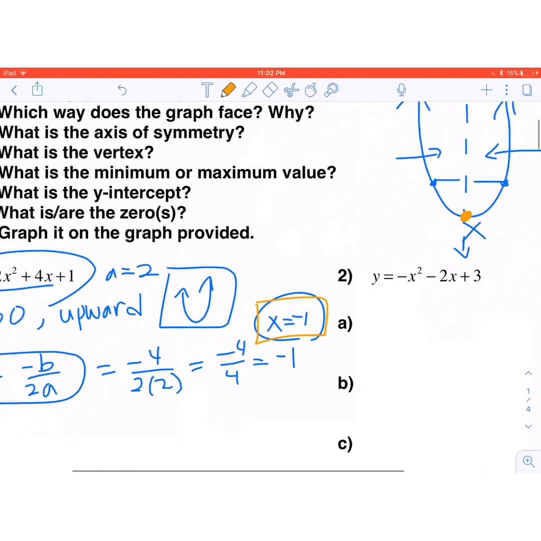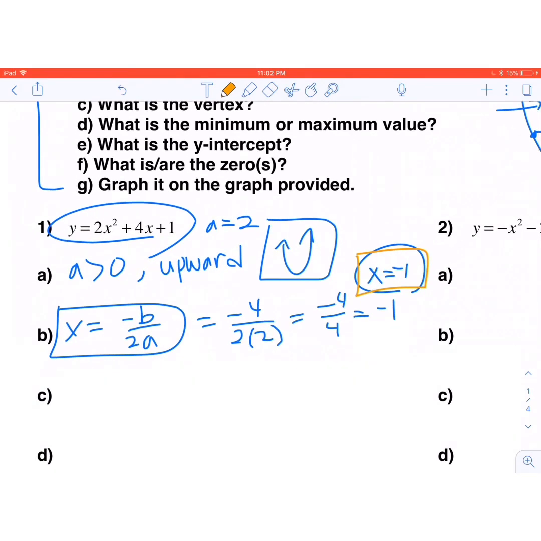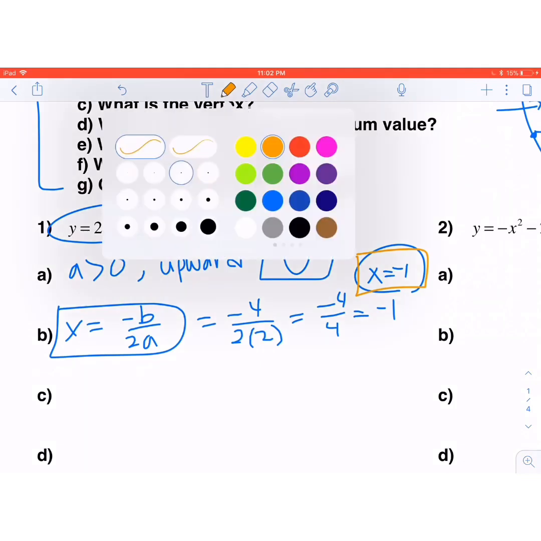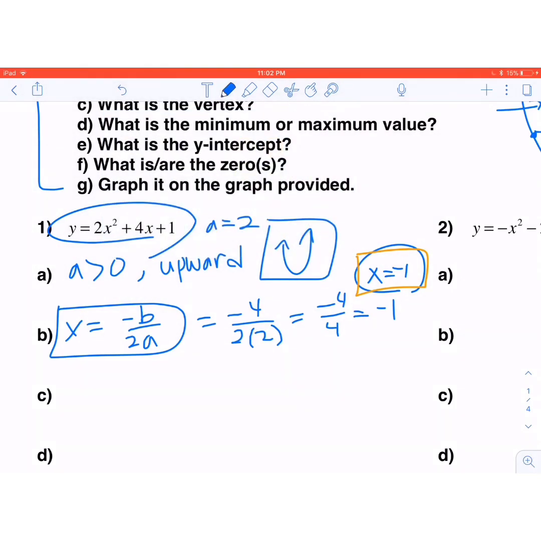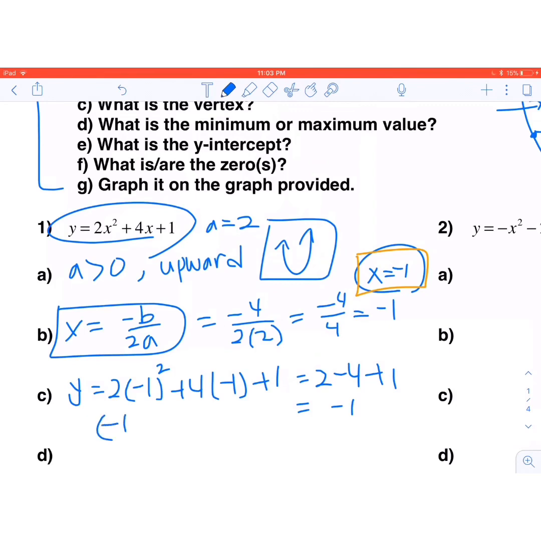Since we already know the x value for that vertex, which is negative 1 in this case, we are going to simply plug it into the equation to find the y value to complete the point. So it'll be 2 minus 4 plus 1. Sorry, this is 1. So it's negative 1. So we have a vertex at negative 1, negative 1. Okay, so we found our first point.